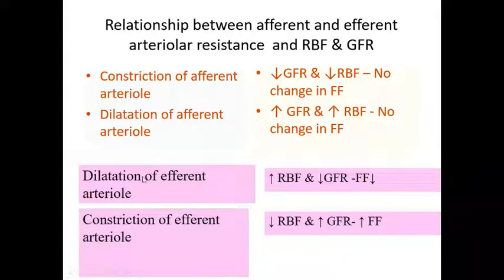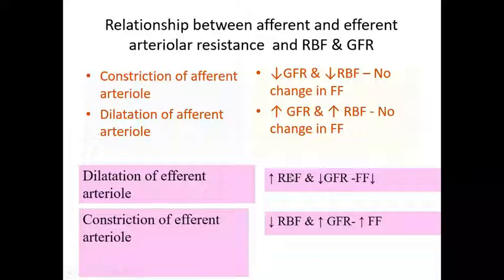But dilatation of the efferent arteriole. If you have dilatation of the efferent arteriole, you're going to have an increase in the renal plasma flow, but a decrease in the glomerular filtration rate. Why? It's because the fluids do not spend much time in the glomerulus. If they're not spending much time there, the glomerular filtration rate is going to reduce, because the hydrostatic pressure is going to reduce.